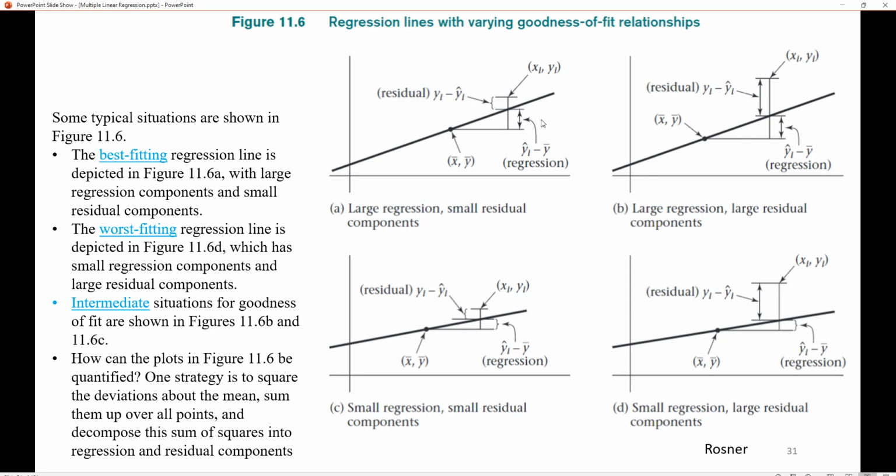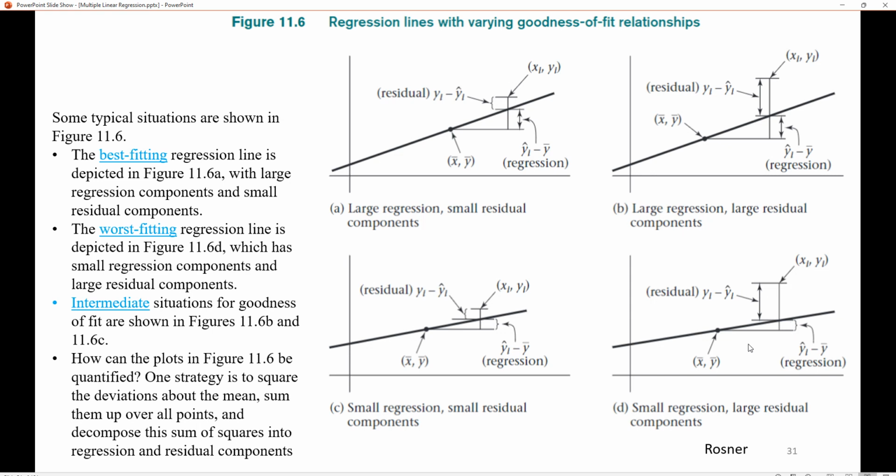So we see our regression component is bigger than our residual component. And the worst fitting regression line is depicted in figure D on the bottom right, which has a small regression component and a large residual component. So we see that residual on top is a lot bigger than our regression component.